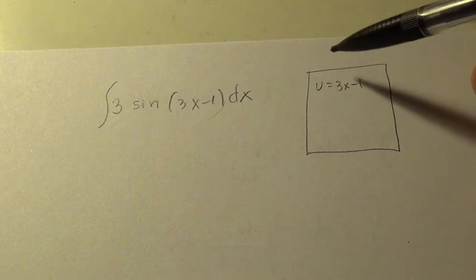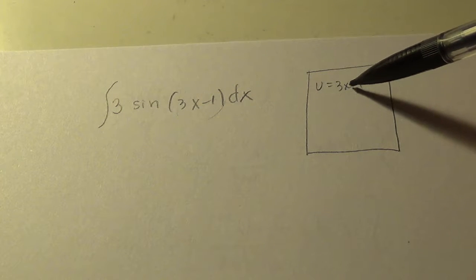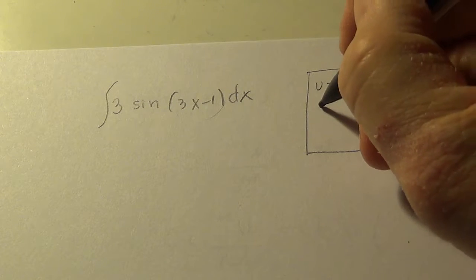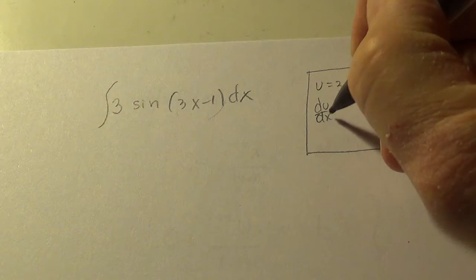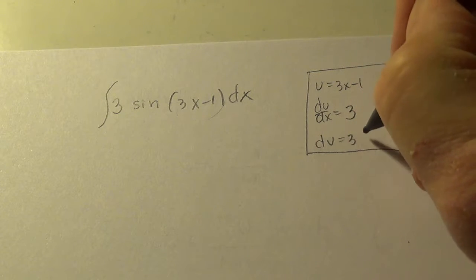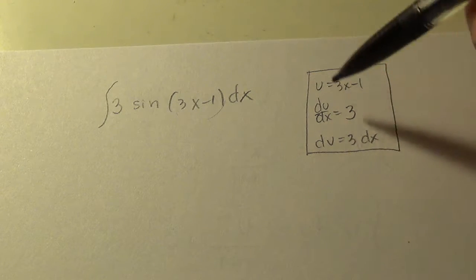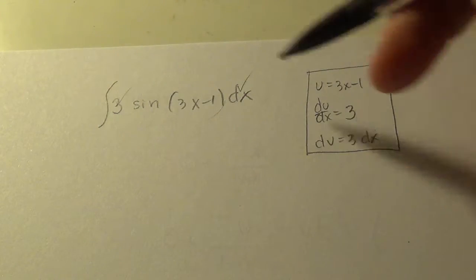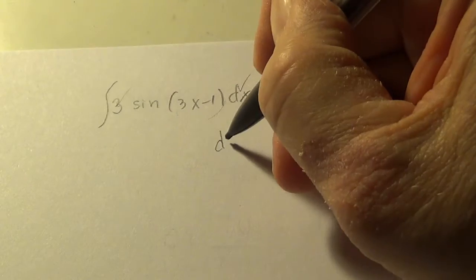And you know, it won't kill you to pick the wrong u, and you'll just see that the problem won't come out well. So du/dx is 3, and multiply both sides by dx, 3 dx. So du is going to take the place of the 3 and the dx.